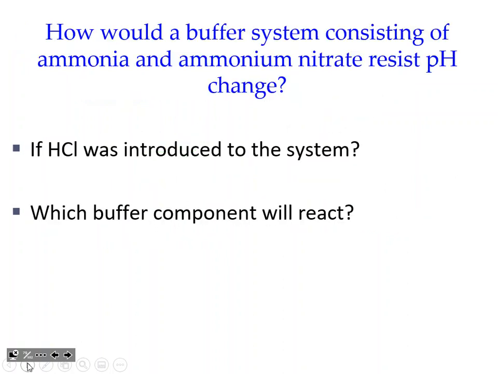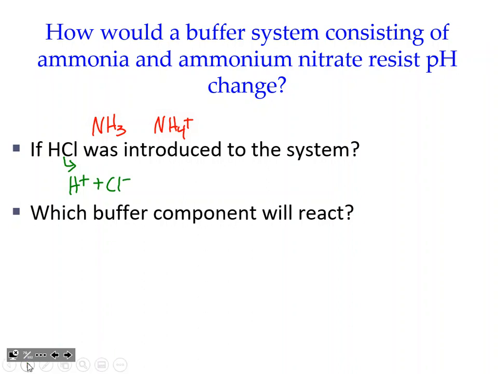All right, so let's look at a buffer system that has been created from ammonia. We have ammonia and ammonium in solution floating around. We have this buffer pair. So if we introduce hydrochloric acid to it, the hydrochloric acid, of course, is going to break apart into H+ and Cl minus because it completely dissociates.